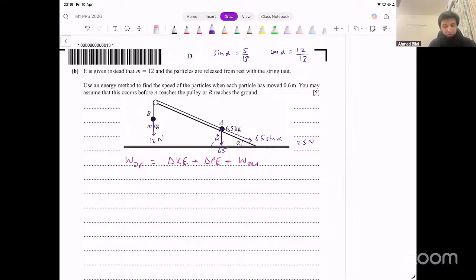Now, are we sure which direction they're going to move in? Still? Are we sure about it? Can we see anything in which direction the particles are going to move? Particles are released from rest. You cannot assume that it's pulled down. You cannot do that.